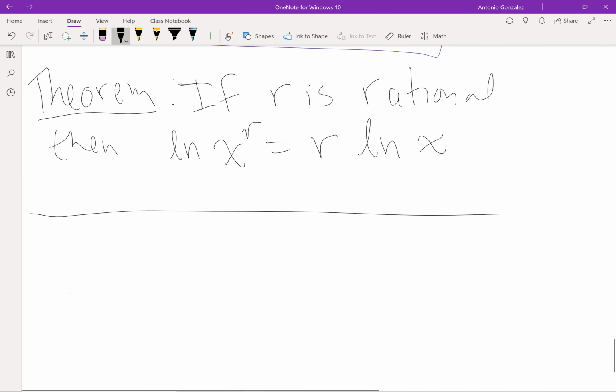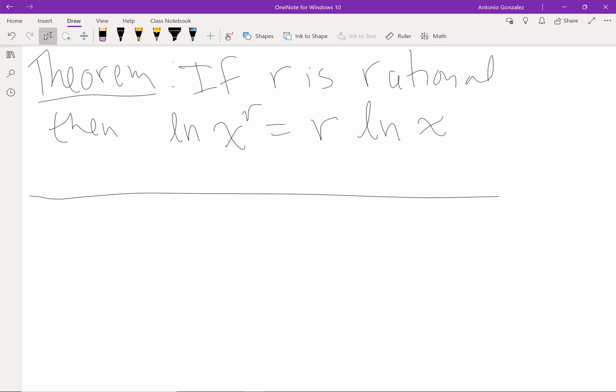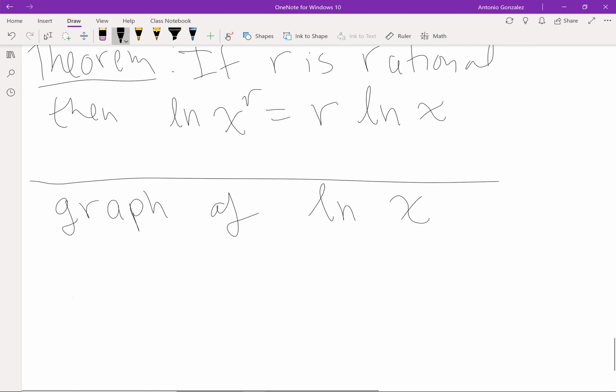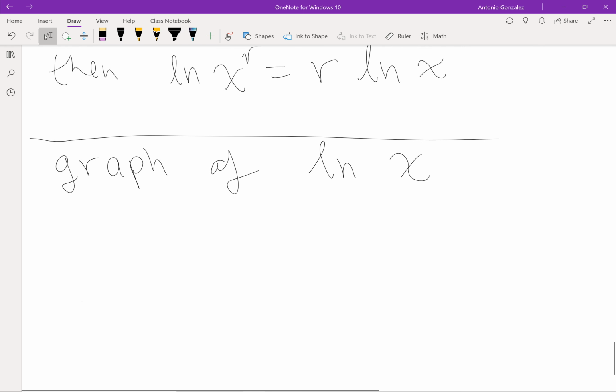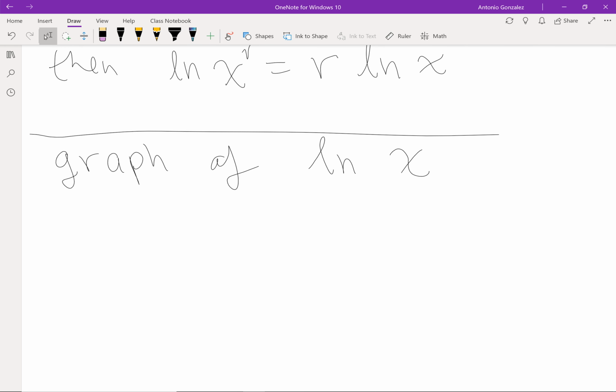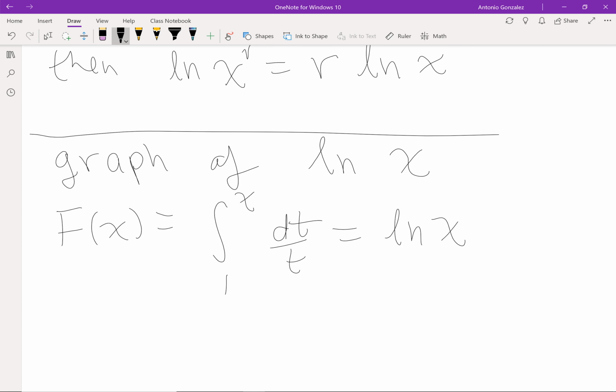So the graph of ln of x. f of x is equal to, again, the integral definition, of x.